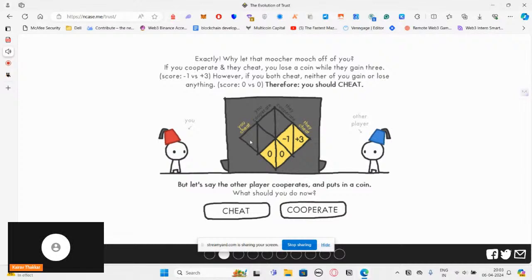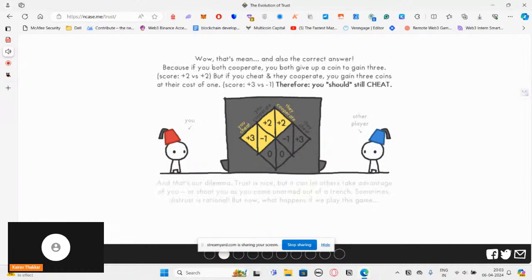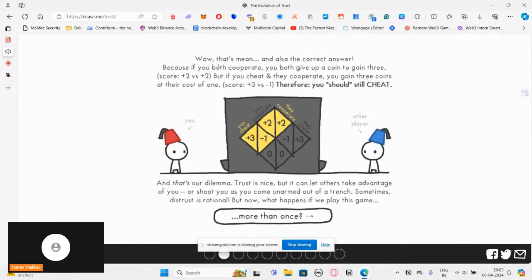And if I cheat and they don't cheat, I get +3. So even if the other player is cooperating, if I want to maximize my advantage, I would cheat. Now that's a little bit mean, but that's also the optimized answer. We are allowing ourselves to maximize the advantage.